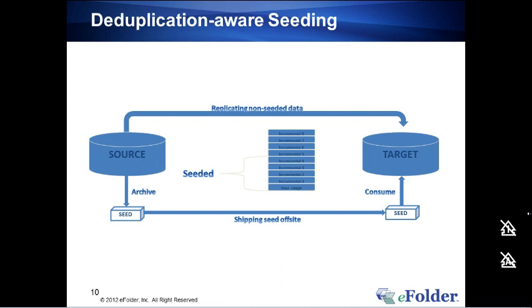By consolidating all of that replication to that one target core, that's where huge amounts of deduplication benefit are going to come in, and hence your cloud storage utilization is going to be lower. And that's the main wholesale cost driver for how eFolder charges your partner organization.